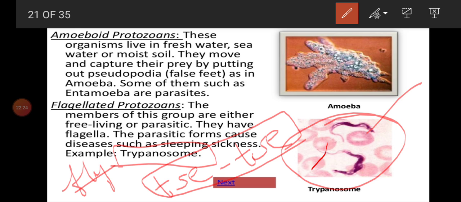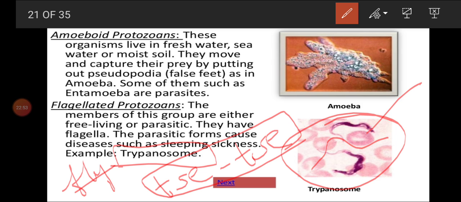See how beautifully it runs between our blood RBCs, no? Because it multiplies, it proliferates. Proliferate means multiplication. Multiplication of Trypanosoma is carried out only in our blood. And it targets our nervous system, so the person leads to death. Where can we see these kinds of diseases? Mostly in African countries, not in Asian countries.